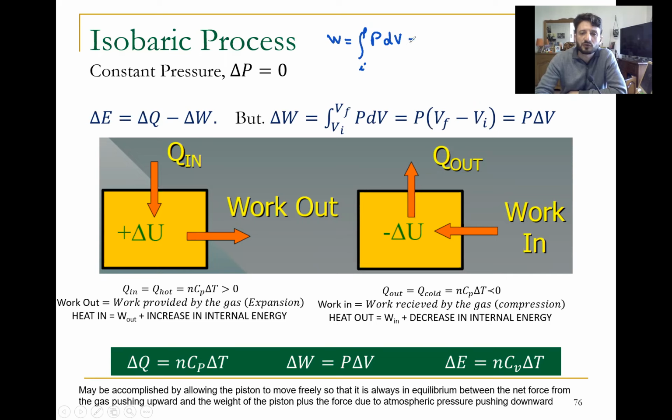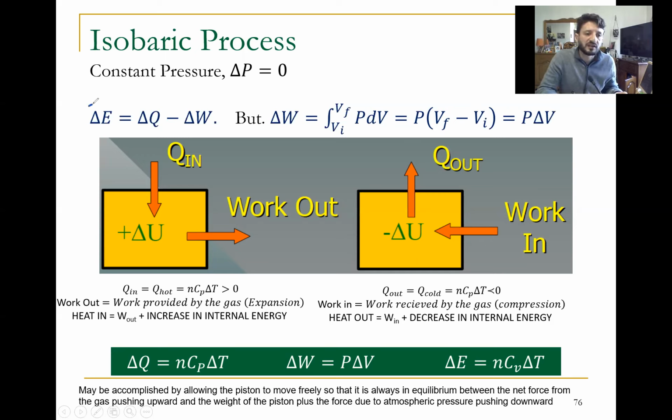If P is constant, we can put P outside, so it equals P times the integral of dV. And you know the integral of dV equals V, so it equals P times V final minus V initial. So work equals P delta V in the case of P constant.